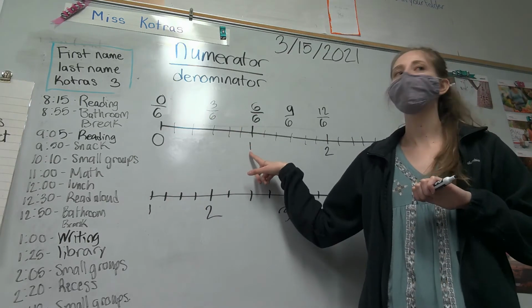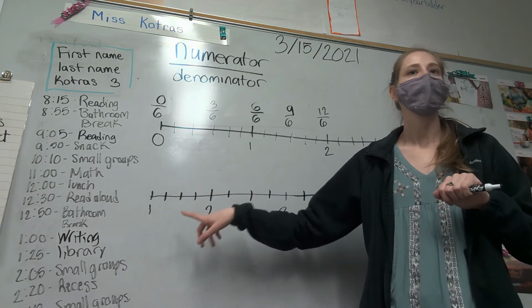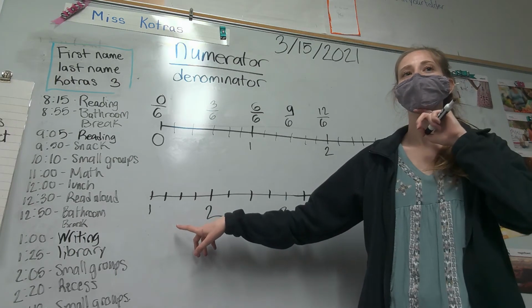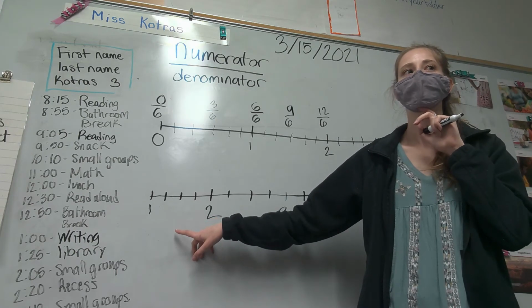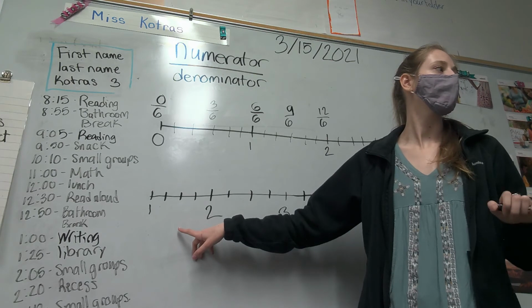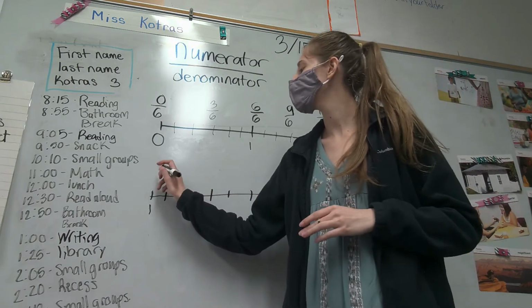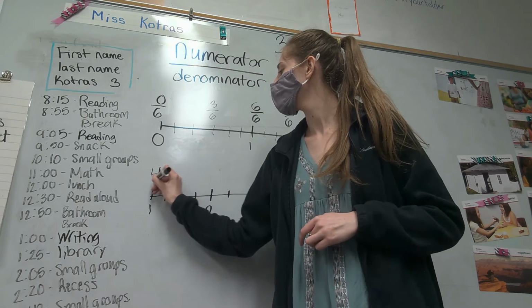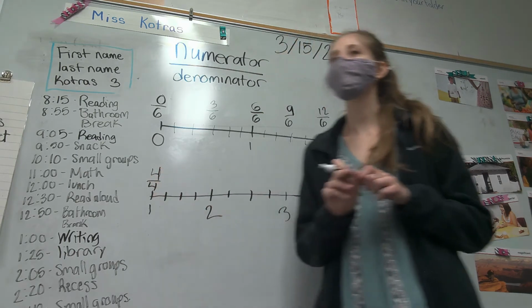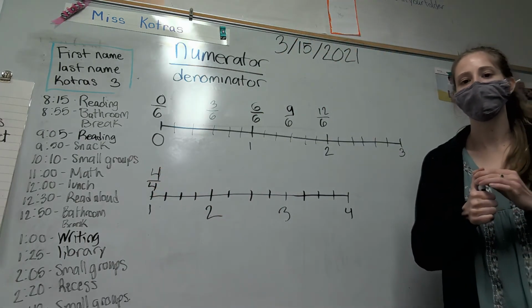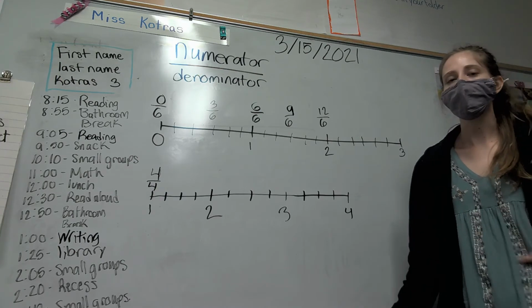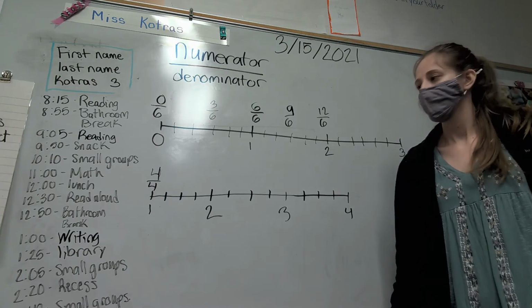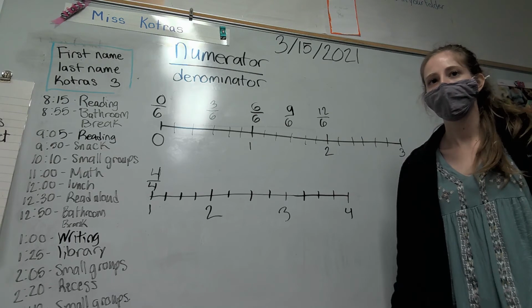What do we do for 1? Nariah, do you want to try it? 4/4. Remember, when it's 1 whole, we have our numerator and denominator match. Say it was 1 and you count by 6, so it would be 6/6.